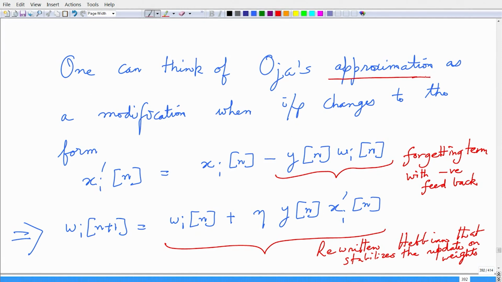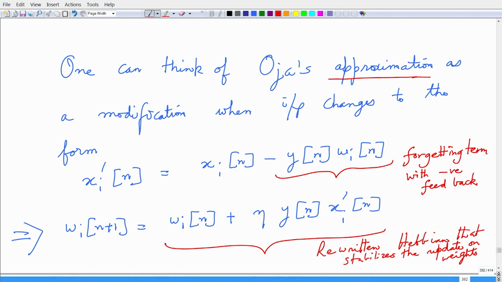Oja's simple way of normalizing the weight vector at every time step under the L2 norm works nicely. It provides a sort of forgetting term that you apply at the input with negative feedback, because if W increases at every time step, you have an input which is modified in such a way that you pull this back under control by feeding y n back into the input.